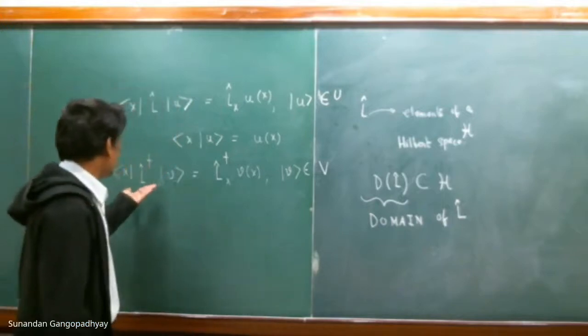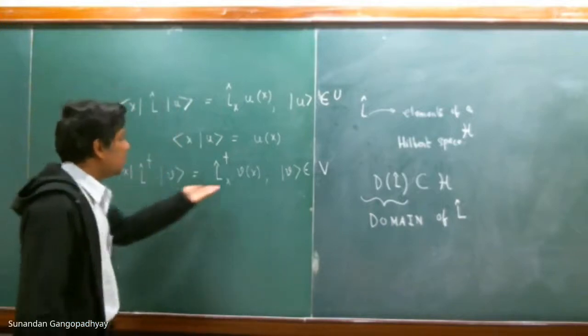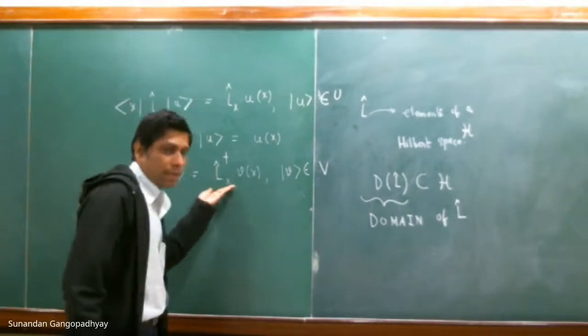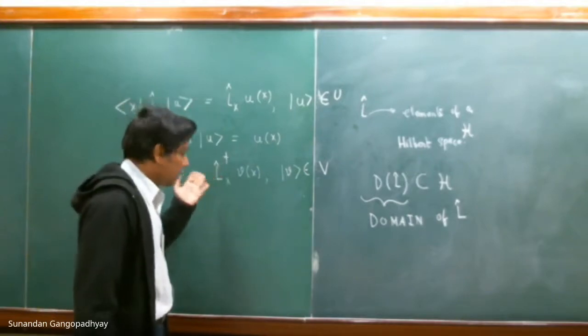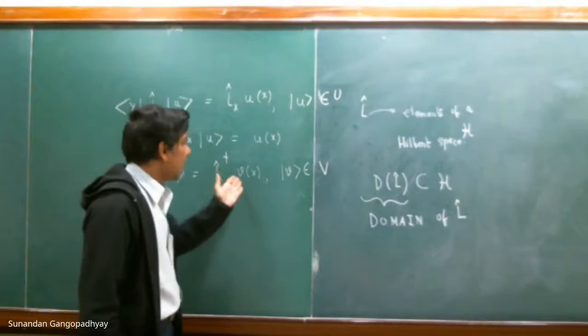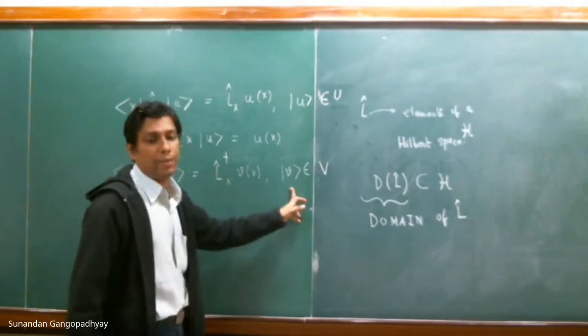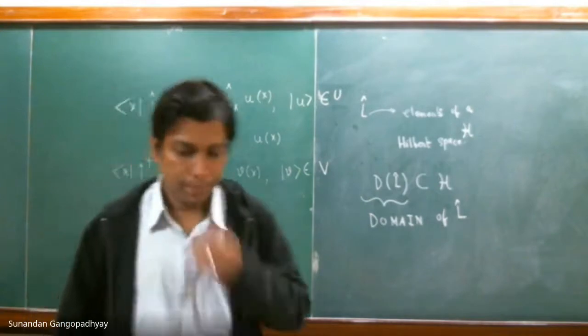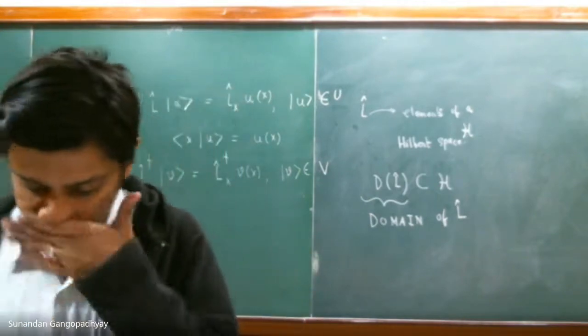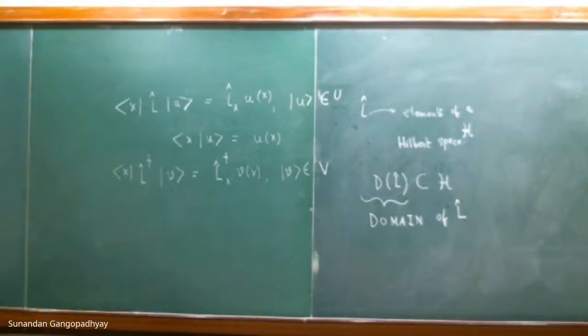So here also L hat dagger is represented by L hat dagger x, but only when L hat dagger x acts on functions V of x that represents the vectors ket V belonging to the vector space V, or Hilbert space, whatever you call. Okay.